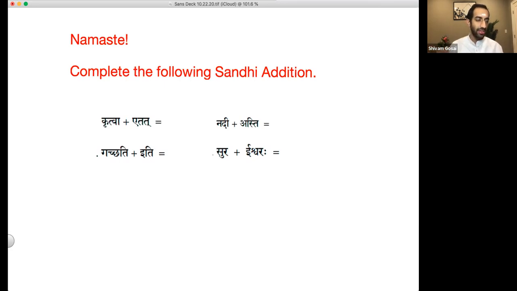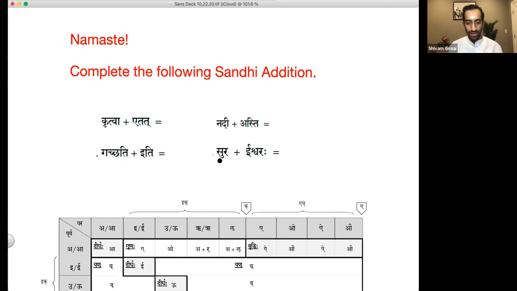vriddhi, right? So if we look at the chart, I can show you here. So if you look at the chart, avarna meaning any of these diphthongs, e, o, ai, au, then you get vriddhi. So we get kritvaitat, right?